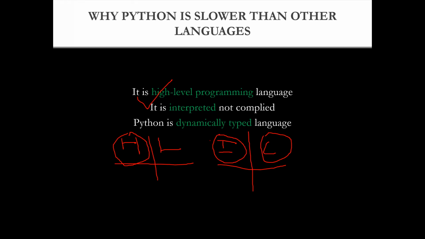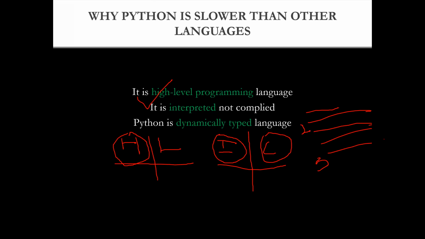So let me take an example. Let's say you have a task and you have 5 lines of code, and let's say you have an error in line number 2 and line number 5. In the case of Python, like I said, it makes use of an interpreter. It works from left to right, line by line.